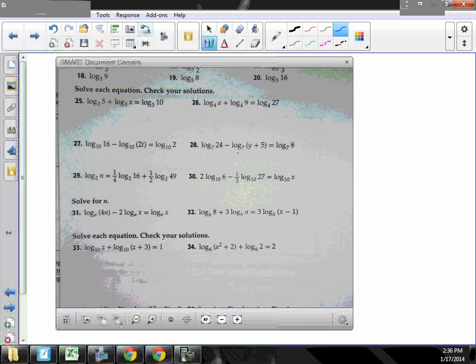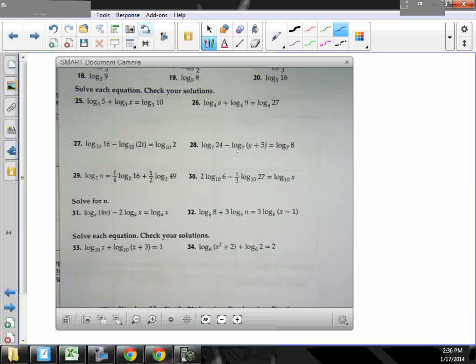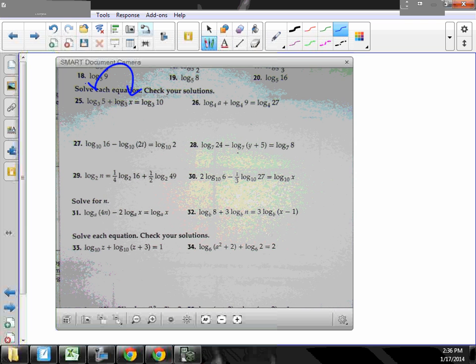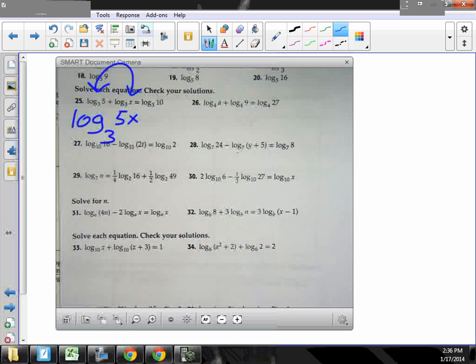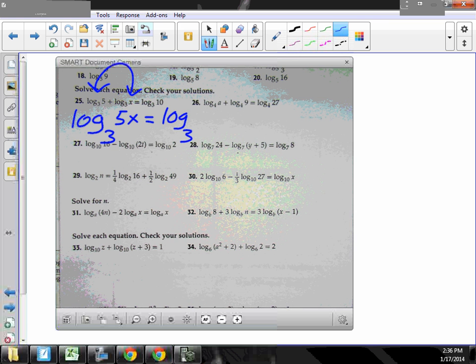Can I use the product rule to simplify this? Can I simplify these? Yes, what would it be? Log base 3 of 5x equals log base 3 of 10.